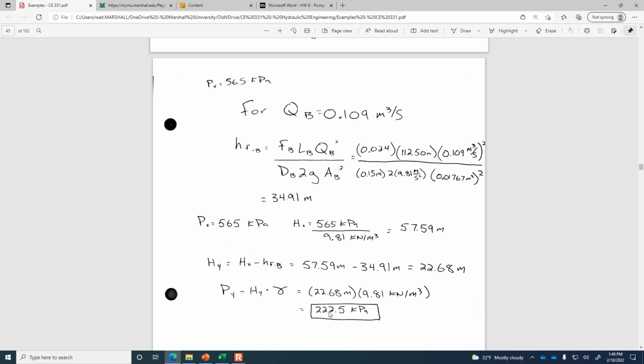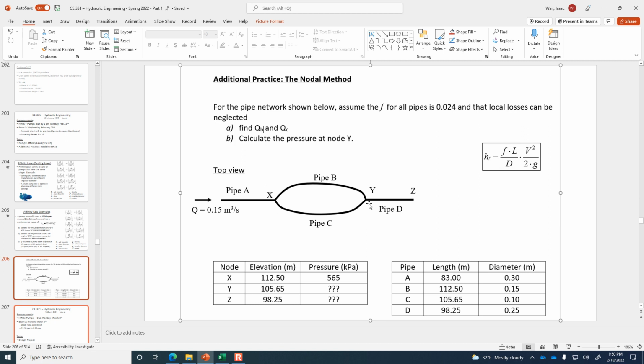So the overall pressure at Y would be 222.5 plus 67.2, so that gives us 289.7 kPa. I'm going to fix that in my notes in the PDF, but the point is if you know the elevation difference between X and Y, and you know the head loss due to pipe friction, then you can find the downstream pressure at node Y.